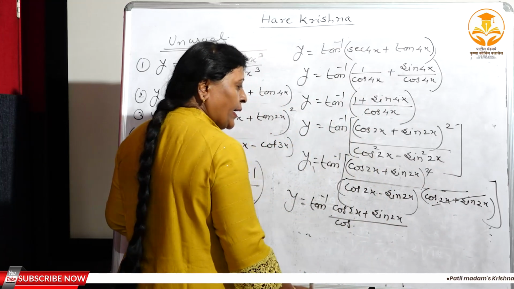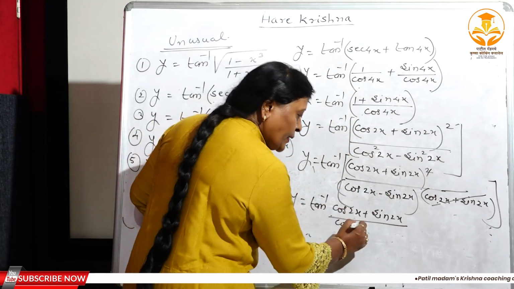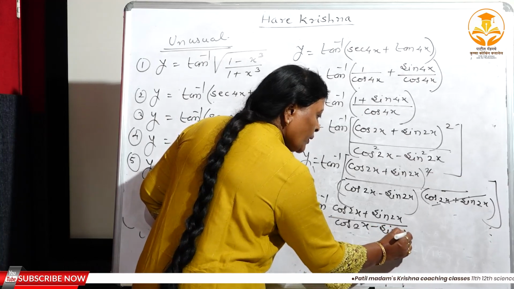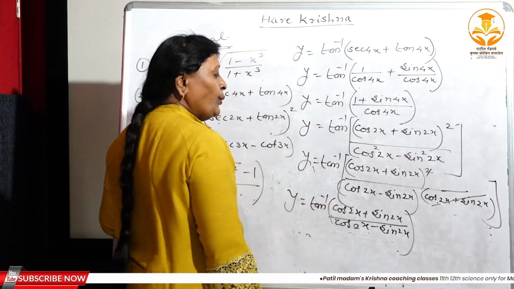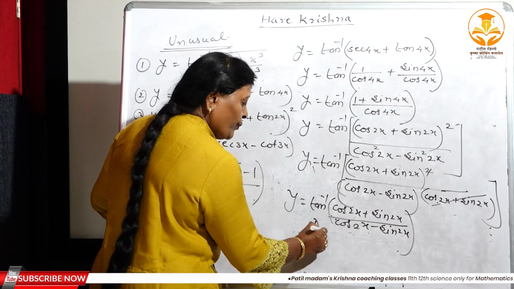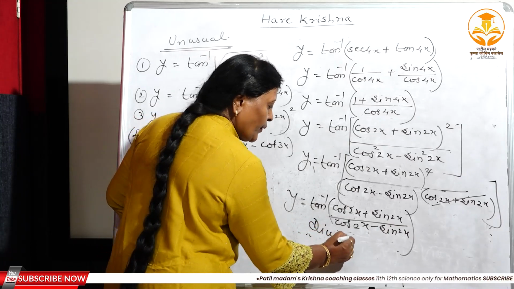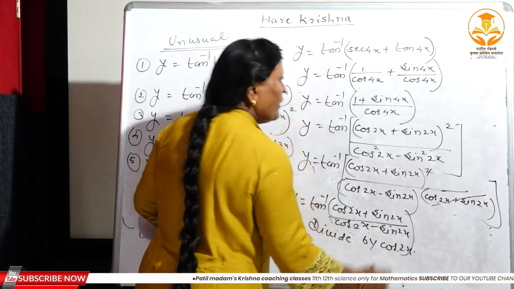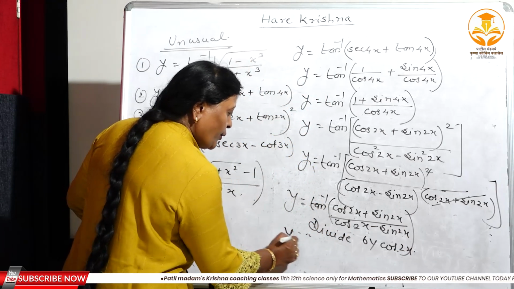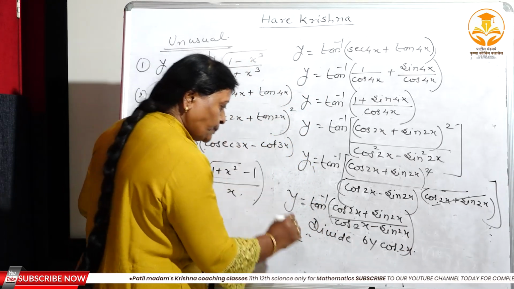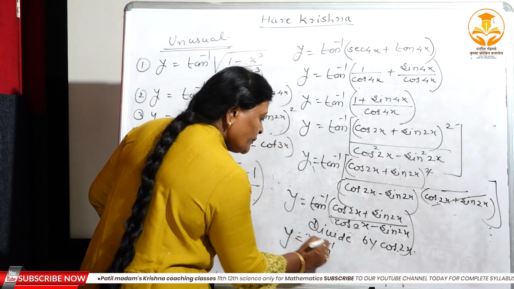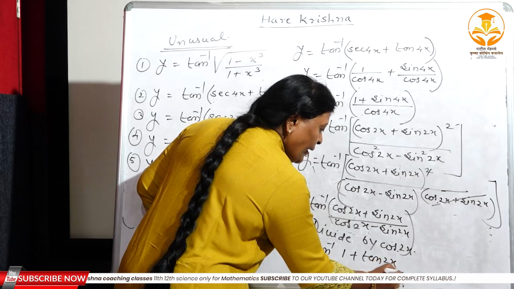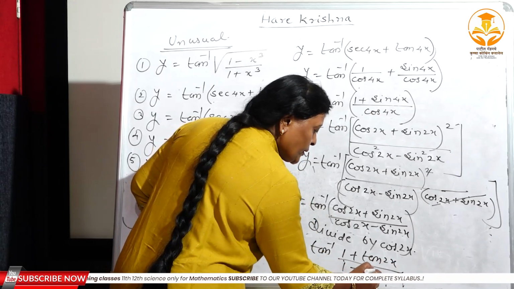Now one bracket gets cancelled. What remains here is cos 2x minus sin 2x. Now here, what do you have to do? Divide by cos 2x. Now when you divide by cos 2x, see what you have got: tan inverse of 1 plus tan 2x divided by 1 minus tan 2x.